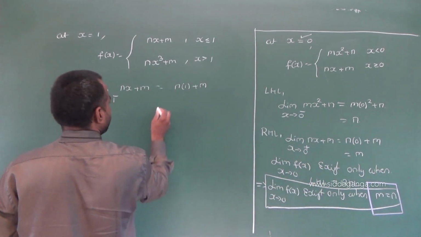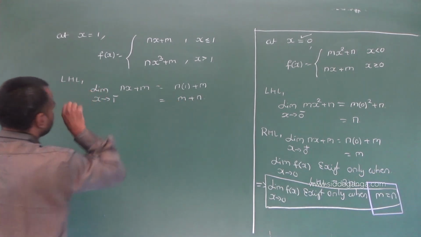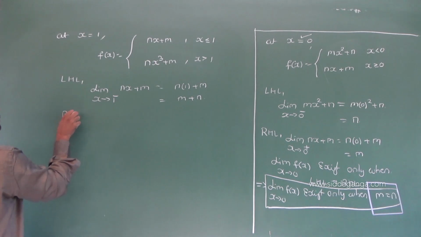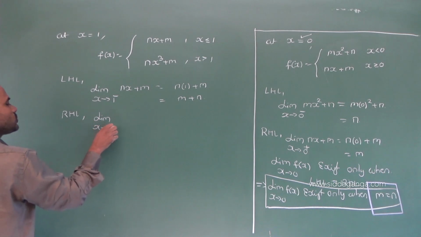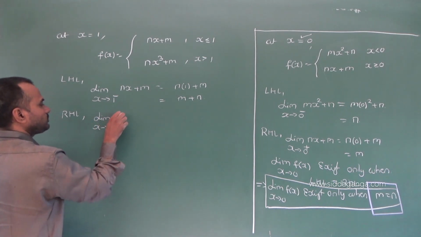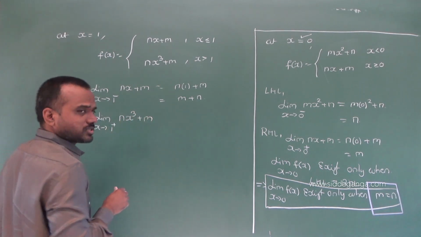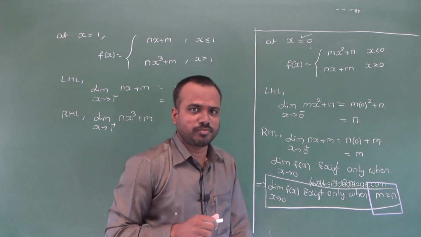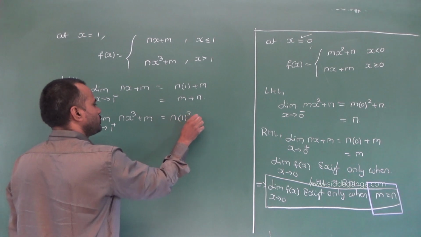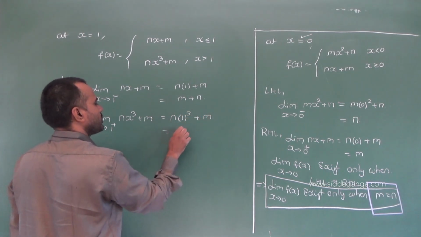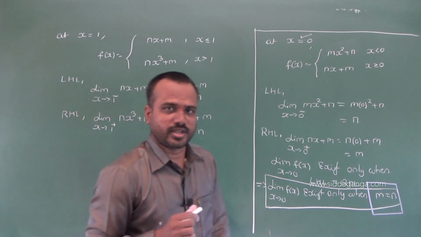So the answer is m plus n. Right hand limit, x tends to 1 plus, nx cube plus m, that means n into 1 cube plus m. Again it is n plus m, or m plus n.